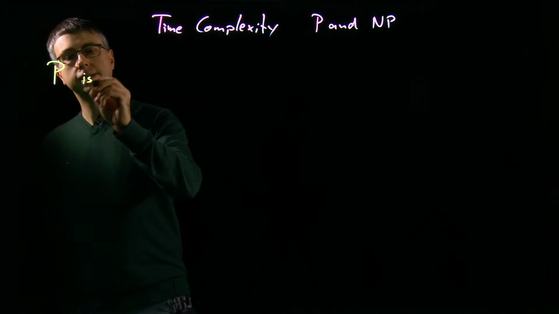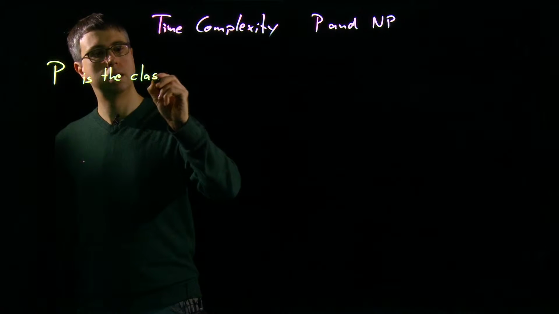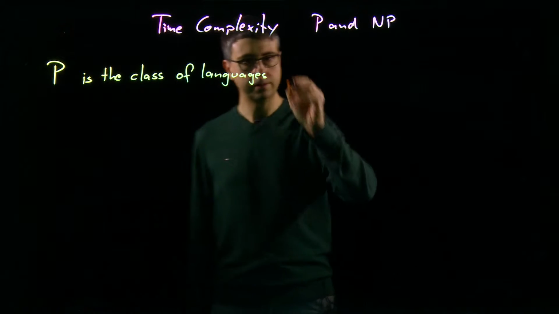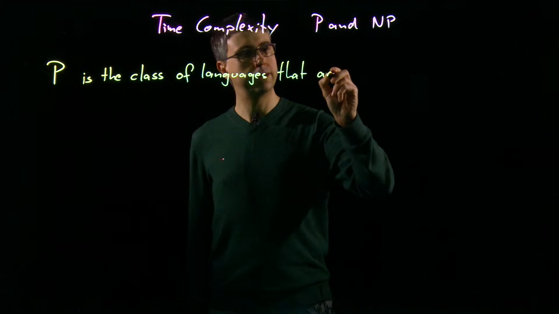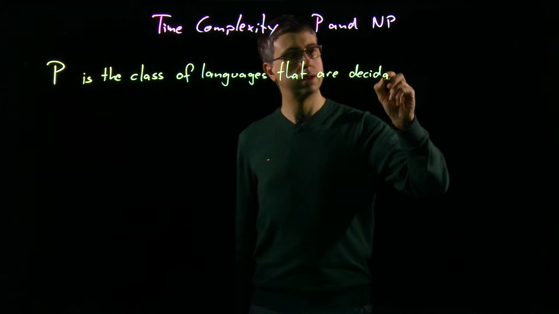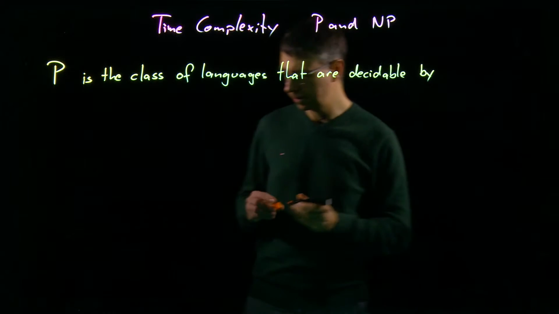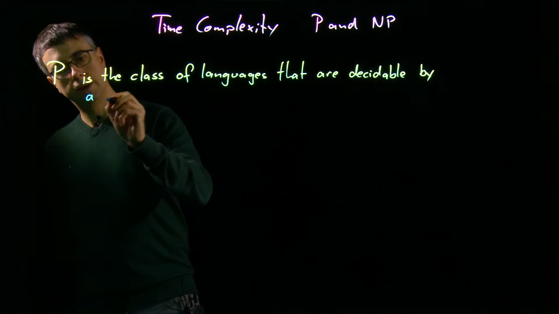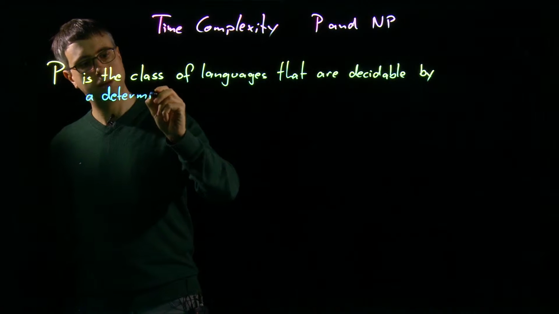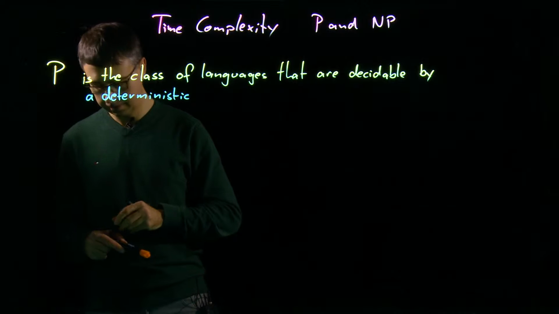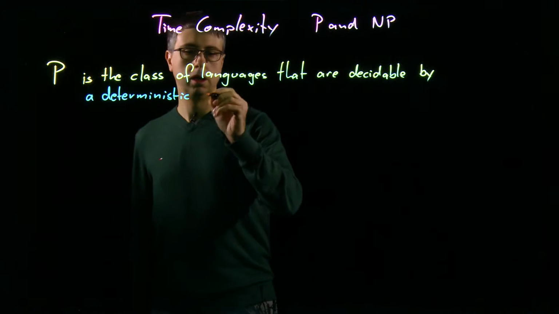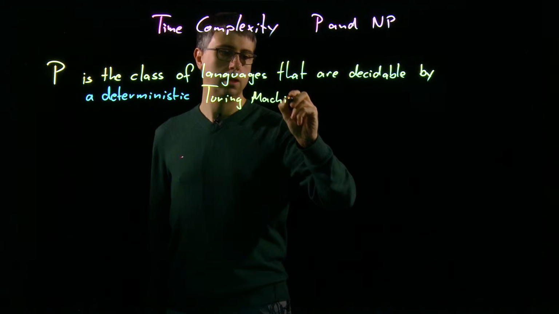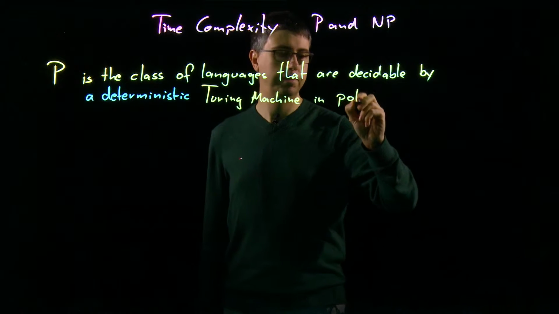P is the class of languages that are decidable by, now the most important word is deterministic, Turing machine in polynomial time.